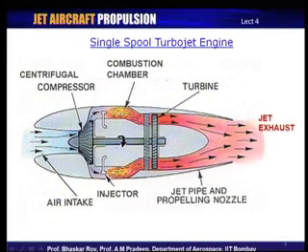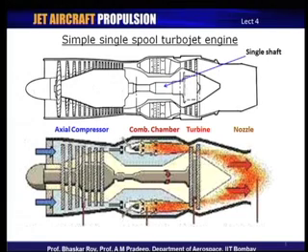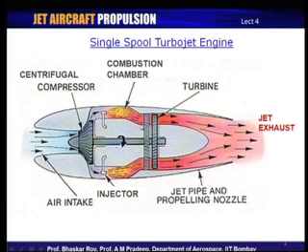So, again this high pressure and high temperature gas is released to the turbine, and this turbine extracts work to run this compressor and releases the high energy gas into the jet exhaust for creating the high velocity jet. So, the process of creating a jet exhaust is very similar, whether you have an axial compression process or whether you have a centrifugal compressor to do the compression process.